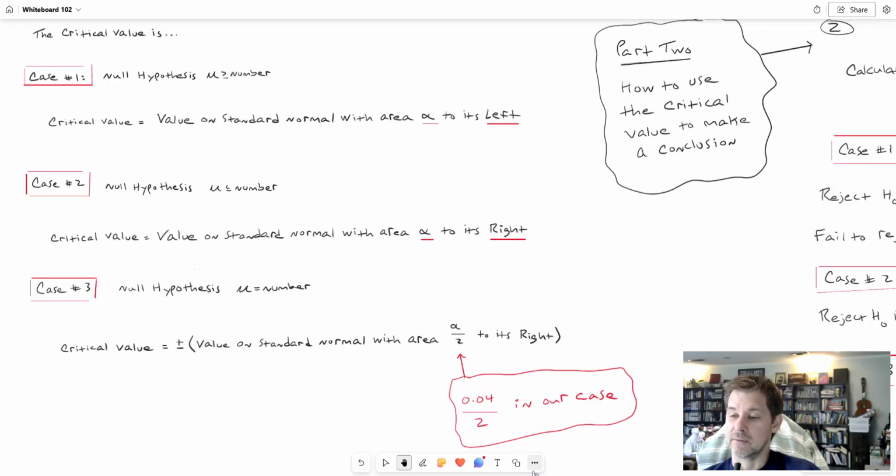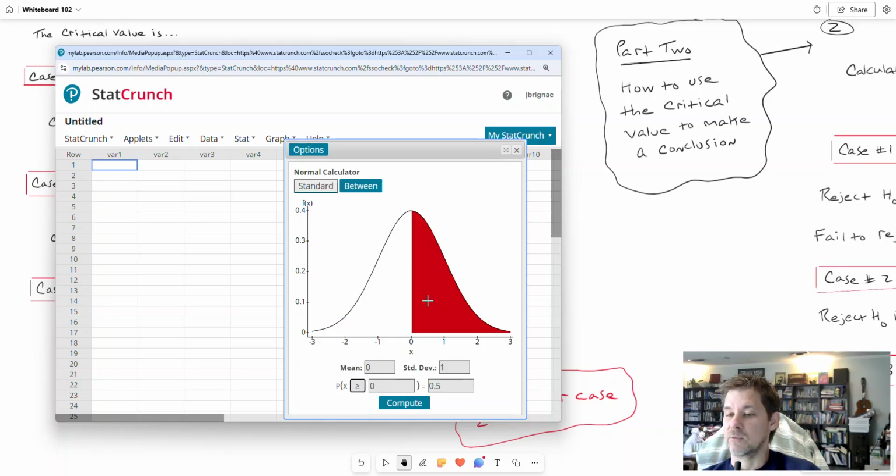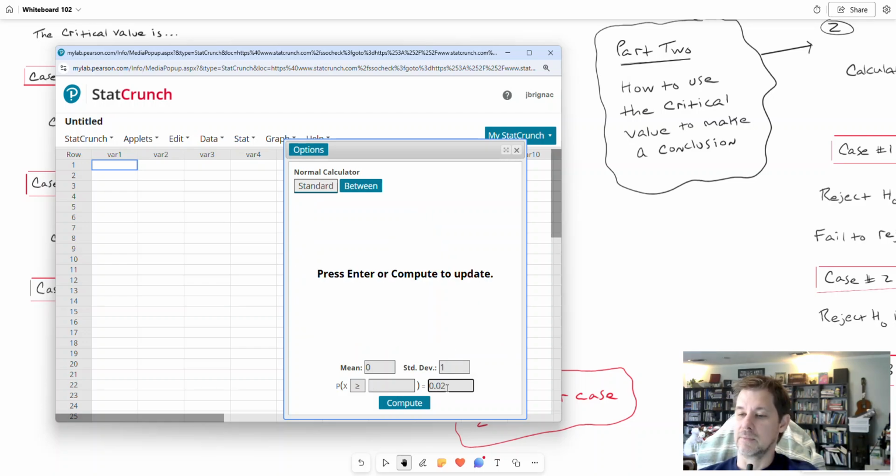All right, so here's how we can do that. I'm going to put this as greater than, because then it's finding areas to the right. And then I want that area to the right to be 0.02. So I'll put 0.02 and do calculate.